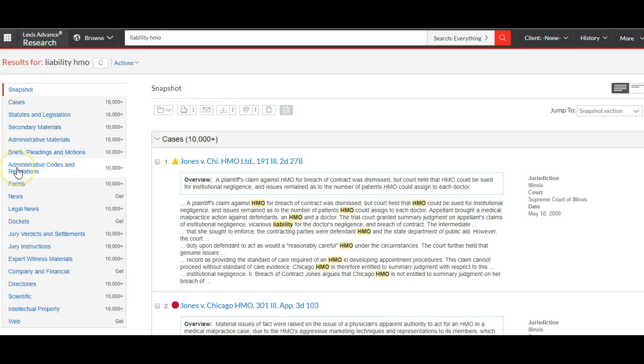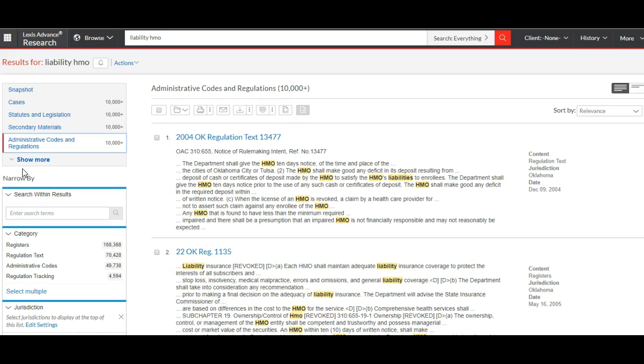And then to find the actual regulations when you've done a keyword search, you want to remember to go to Administrative Codes and Regulations. But then to look at the administrative code, so to look at the CFR or your state's code of regulations, you want to further filter down to administrative codes.